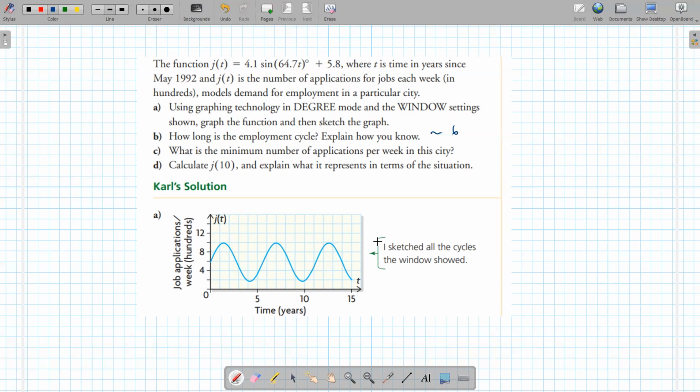Two. Yeah. Calculate J10. So let's say that value up there is 2. What does it represent? What does it mean in the context of this question?